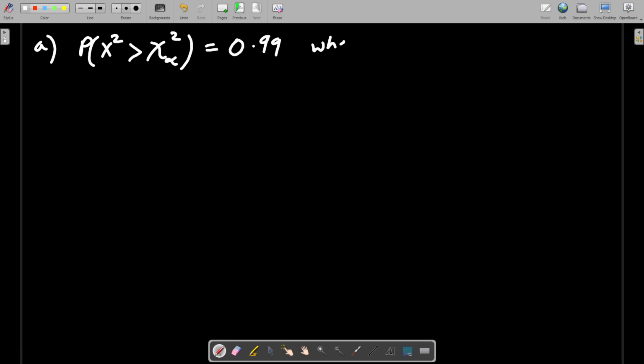Okay, so you have been asked first to find the probability of chi-square greater than chi-square alpha, equal to 0.99, and v is equal to 4.